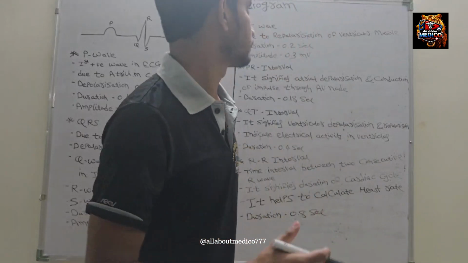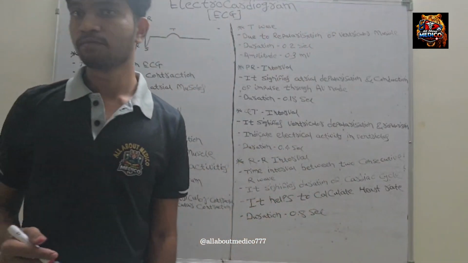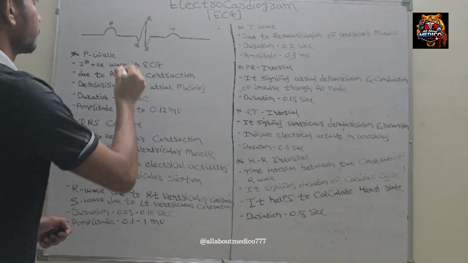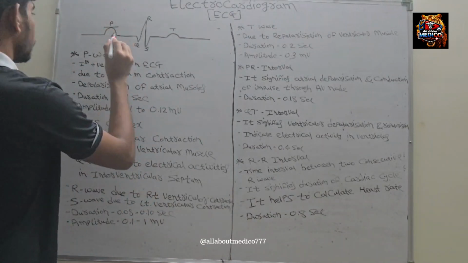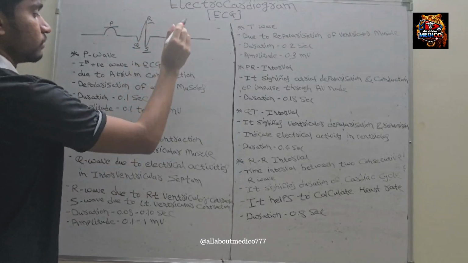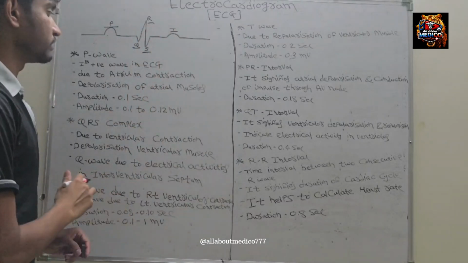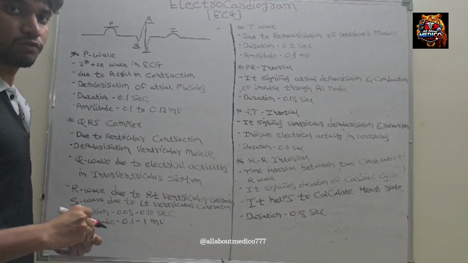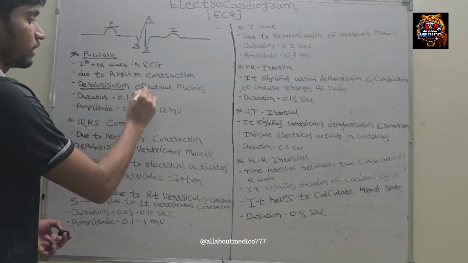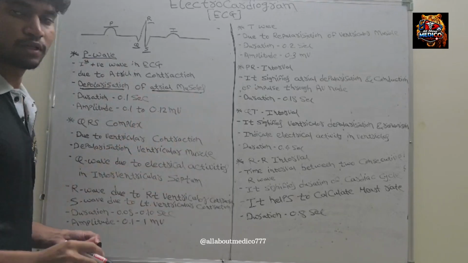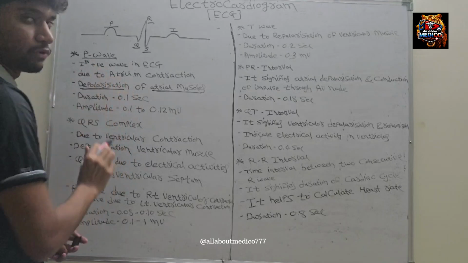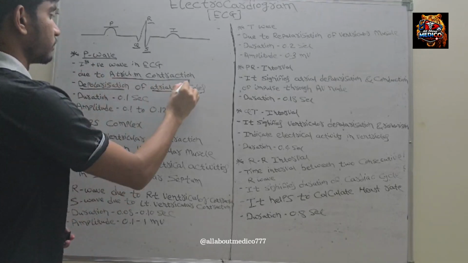So now we discuss the ECG, the electrocardiogram. In ECG there are the P wave, QRS complex, and T wave. The P wave signifies depolarization of atrial muscles, meaning contraction of the atrium.